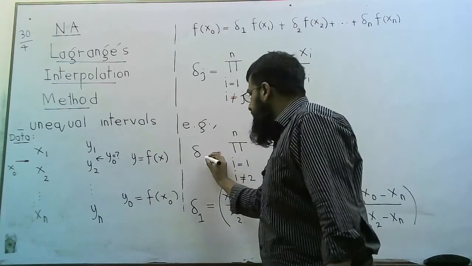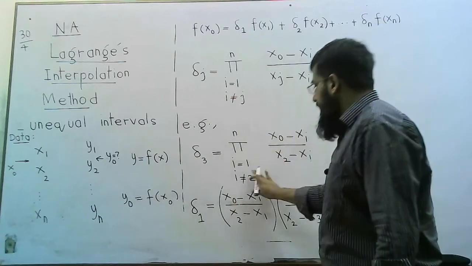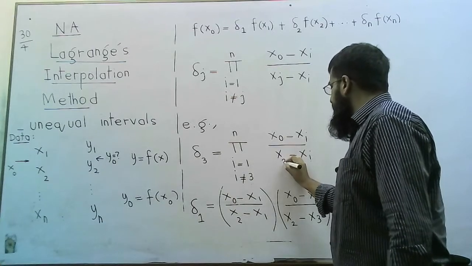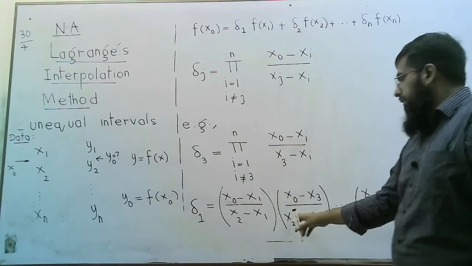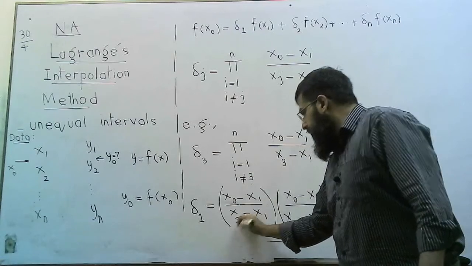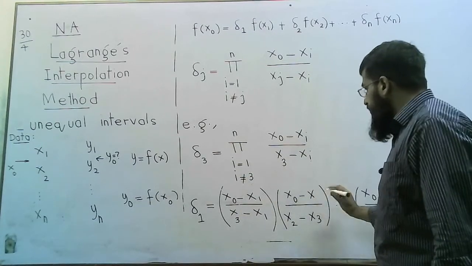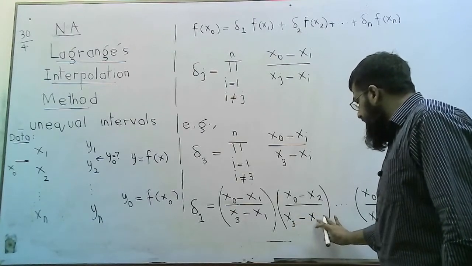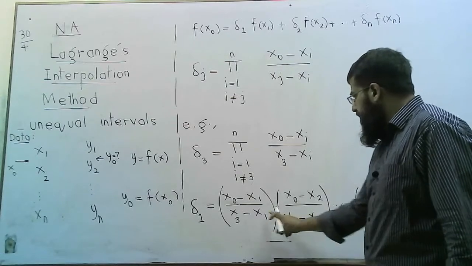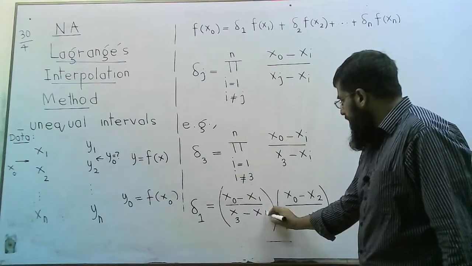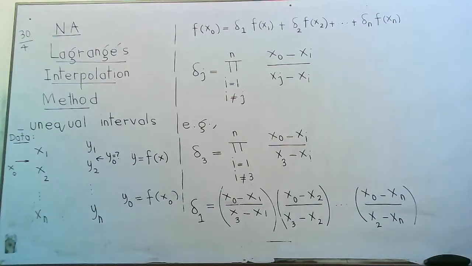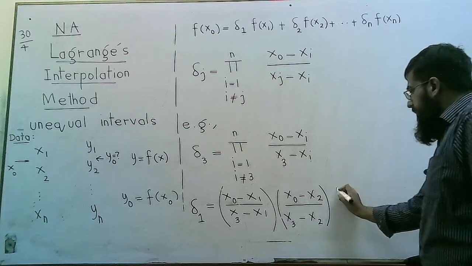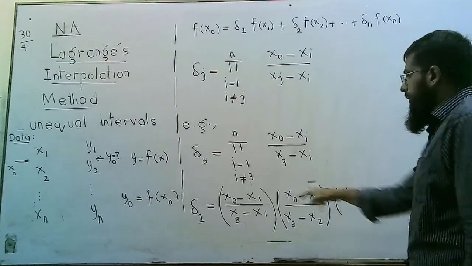How would you calculate del sub 3? We'll go from 1 to n, but this time we'll skip 3, since j is 3. So it's x naught minus x1 over x3 minus x1, x naught minus x2 over x3 minus x2. But the next term won't be x naught minus x3, because we'll skip 3.